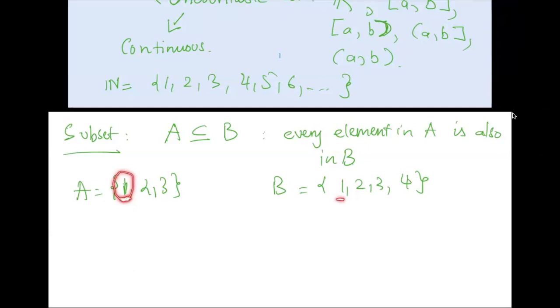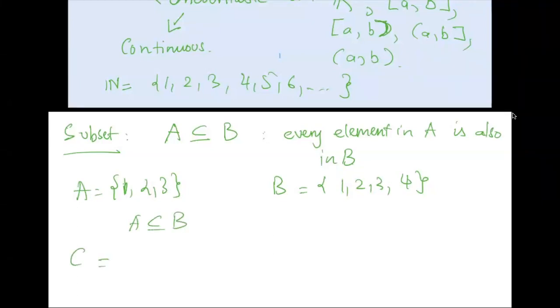So this element is in B. Then I move on to the next one. Is this element in B? Yes. Is this element in B? Yes. If you go through every single element in the set A and all of them are in the set B, then you say A is a subset of B. For this one, A is a subset of B.